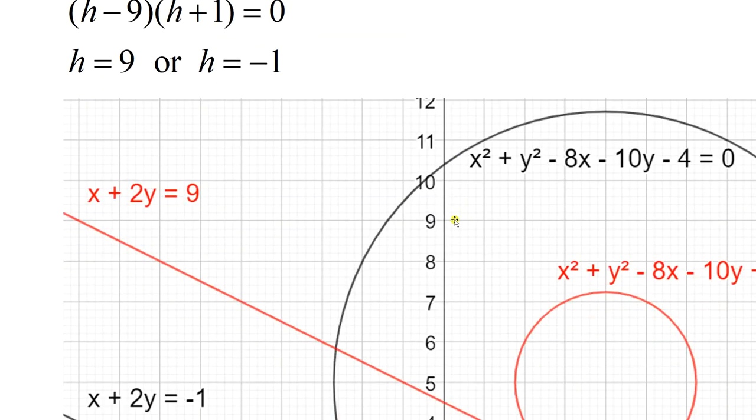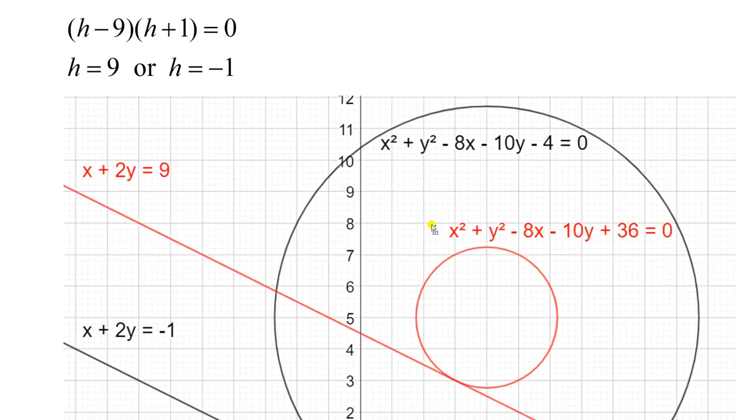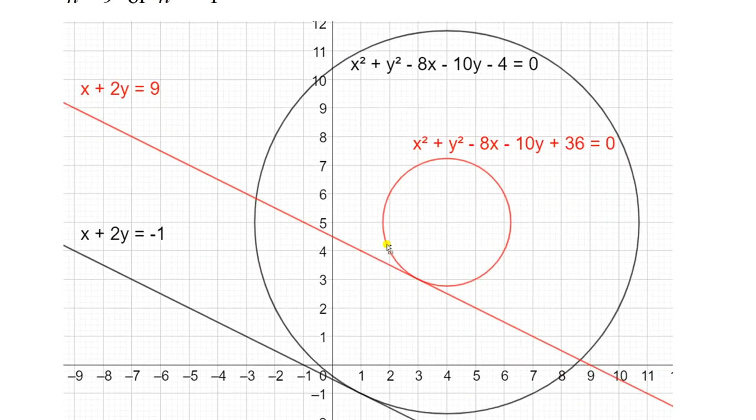So look at the graph. When h equals negative 1, that is a black line and a black circle. As you can see, when h changes, the position of the straight line will change, and the size of the circle also changes.